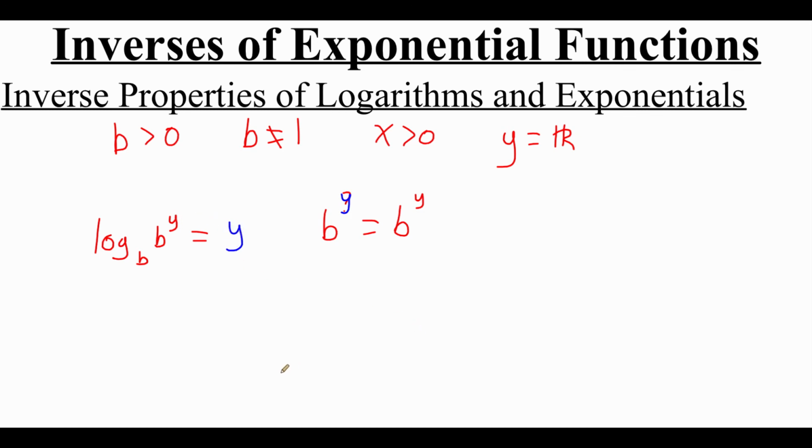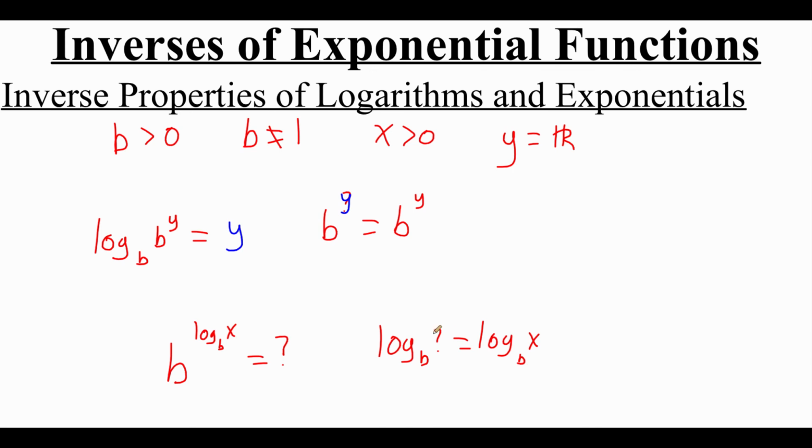Now, similar things happen if we're looking at an exponential function. So let's say we had b, but we're raising it to the power of log base b of x. And we're trying to figure out what that's going to equal. Well, we could actually rewrite this in logarithmic form. So this would become log base b of some unknown value is going to equal log base b of x.